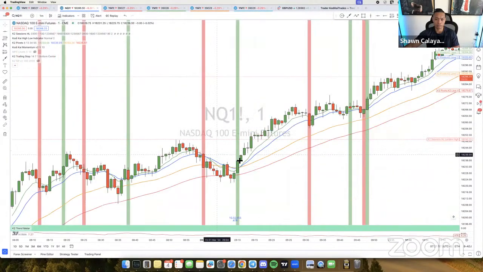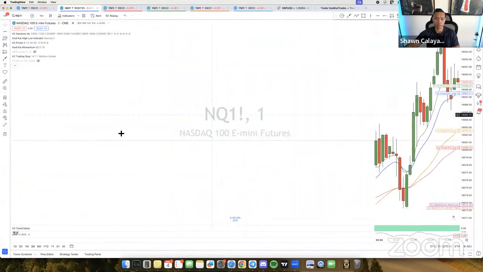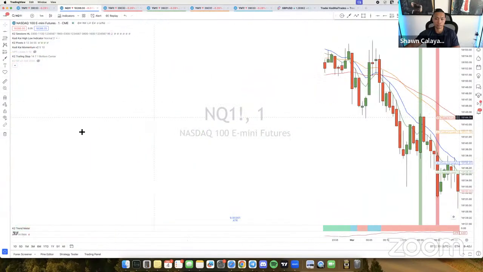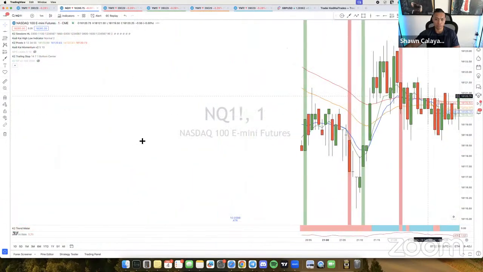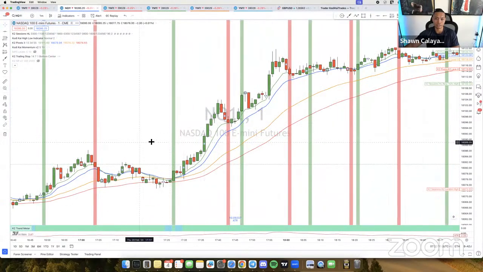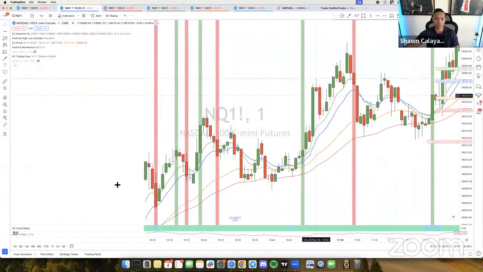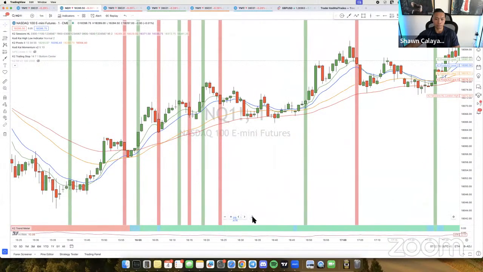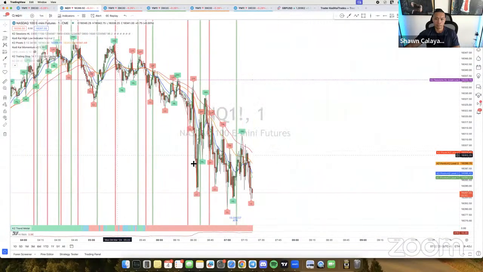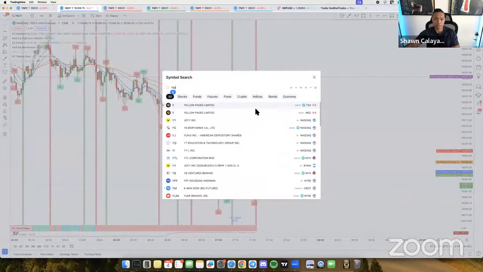You can see over here that it still moves throughout the day, even at night. But you shouldn't trade NQ unless you know how to trade NQ, right? Just because it's moving doesn't mean it's something you should trade. You shouldn't just trade it just because. But you can see that NQ moves all throughout the day, especially Asia session.